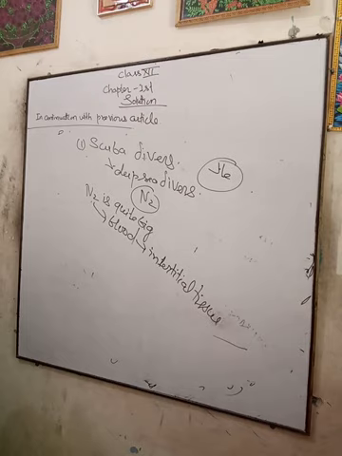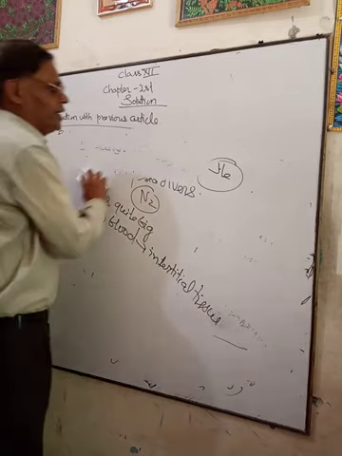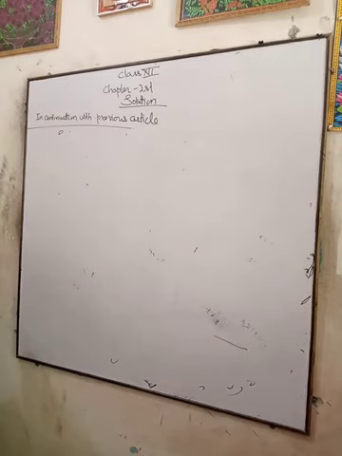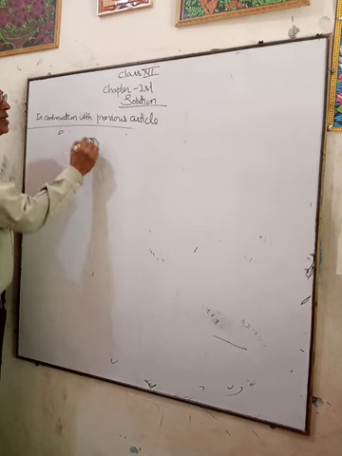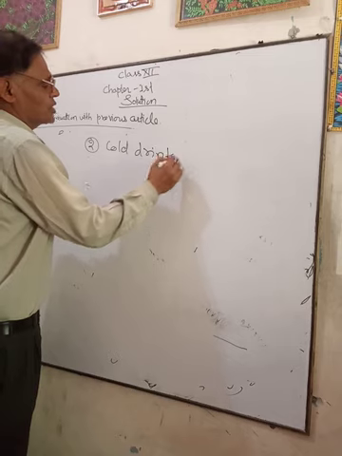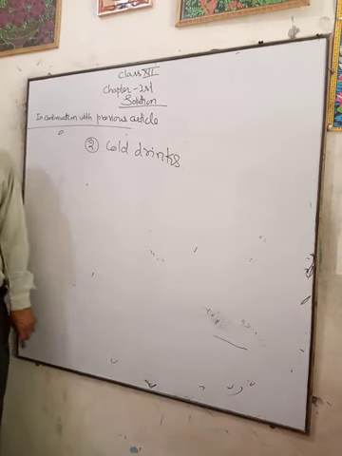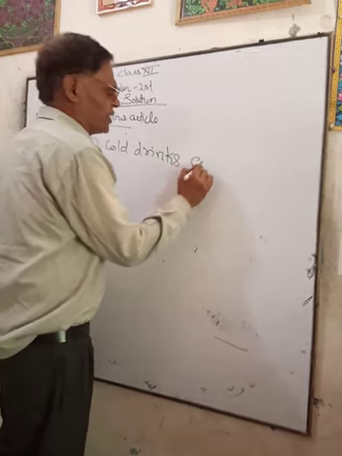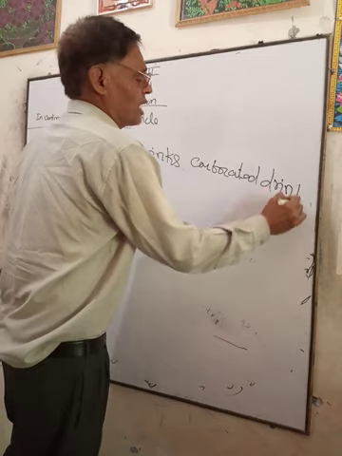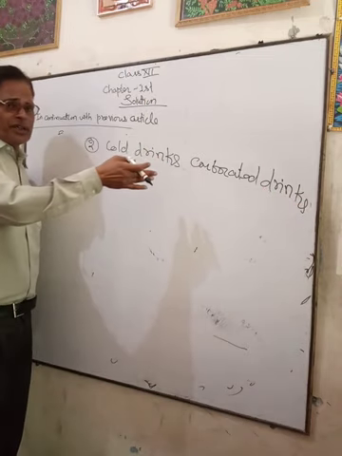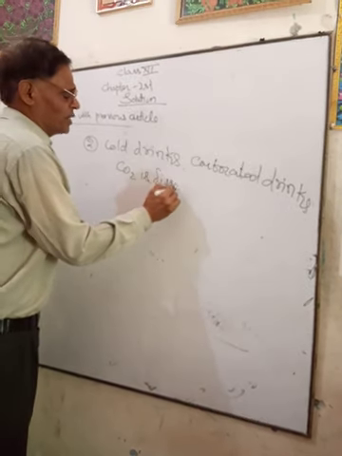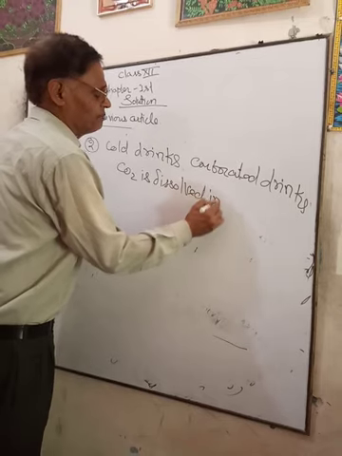This was the idea which they took from Henry's law. Now we are going to discuss the second application of Henry's law, which is in cold drinks. You know that cold drinks are also called carbonated drinks, and they are called carbonated drinks because carbon dioxide is dissolved in the liquid.